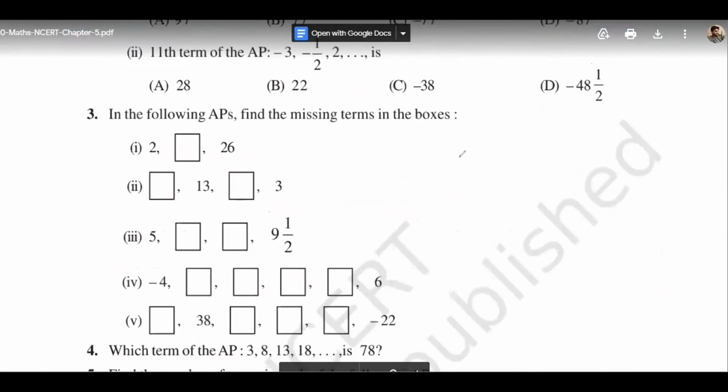You can easily solve this problem by assuming that the first term of any AP is A. The second term of any AP will be A plus D. The third term will be A plus 2D, and the fourth term will be A plus 3D, and so on. Whatever the number of the term is, for example, if you are dealing with the 100th term, it will be A plus 99D.